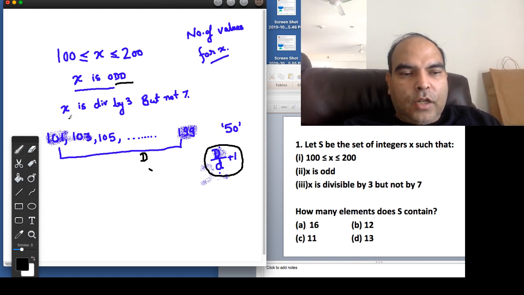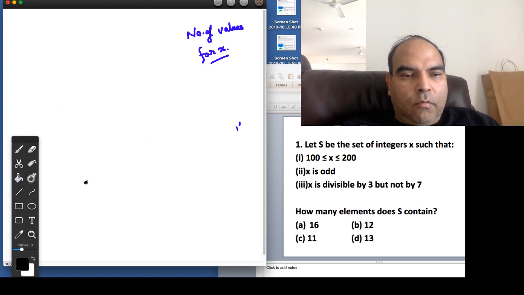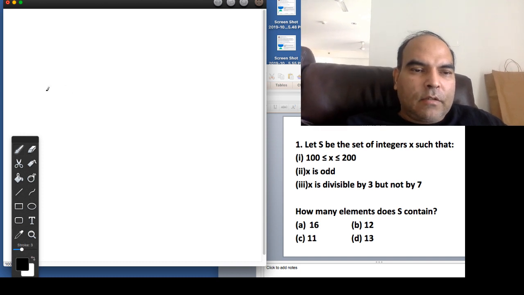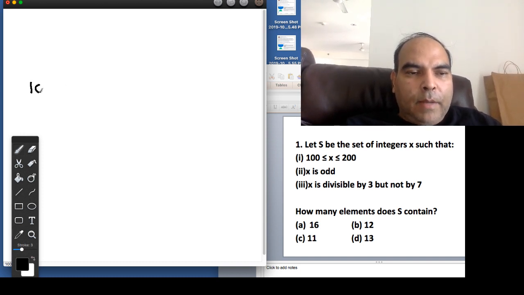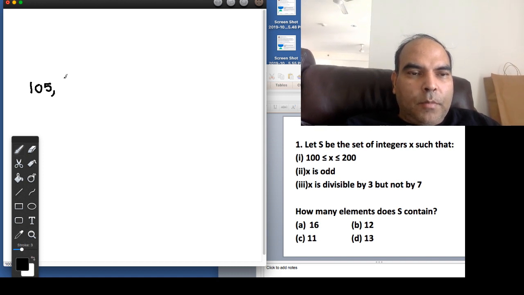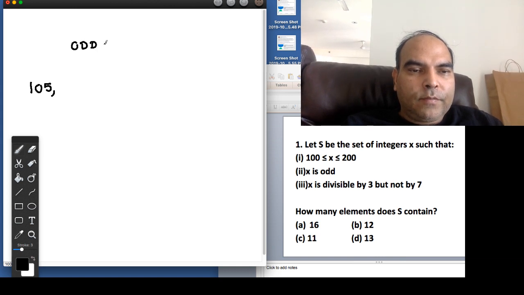Now the second condition is that x is divisible by 3. Once we have reached this point and we are looking for numbers where x is divisible by 3, we can make this series 105 — we are only down to odd numbers between 100 to 200.